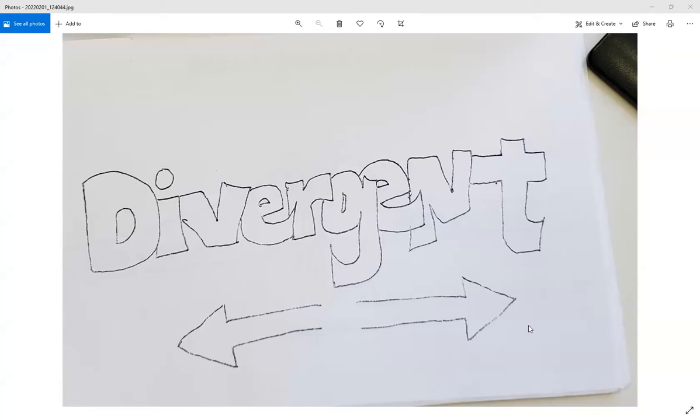Now, the interesting thing about a divergent plate boundary is that it only happens between two oceanic plates or between two continental plates. It doesn't happen with ocean and continents together. So let's take a look and see what that's going to look like. Let me find your next picture.